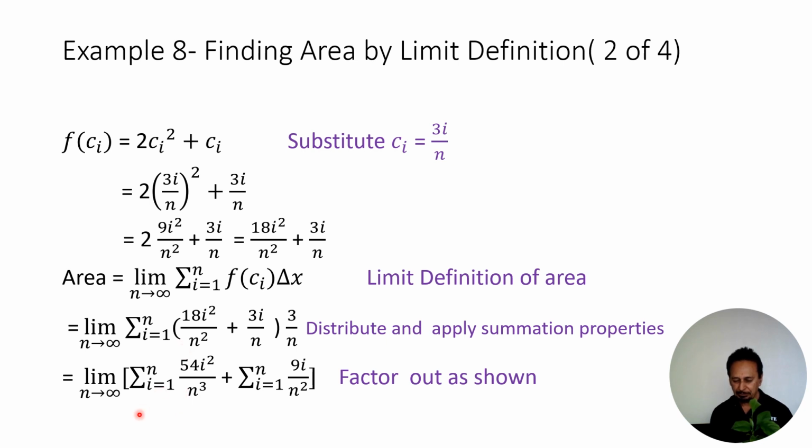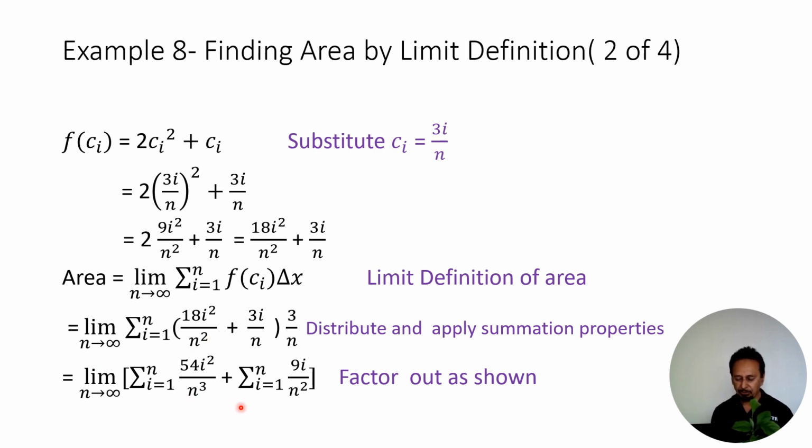So this becomes summation of 18 times 3 is 54, i squared over n times n squared, n cubed. And 3 times 3 is 9, over n squared. We have multiplied and broken this down into two summations.